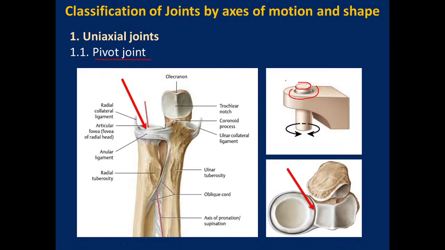And usually such pivot joints move around 1 vertical axis, and this is called rotation.